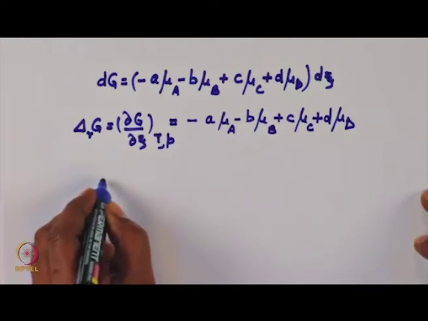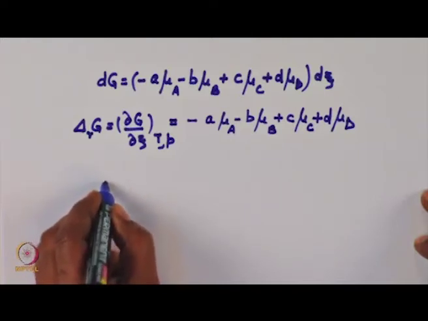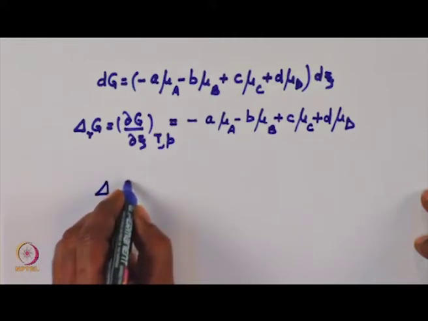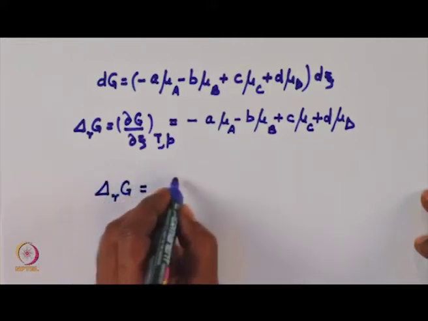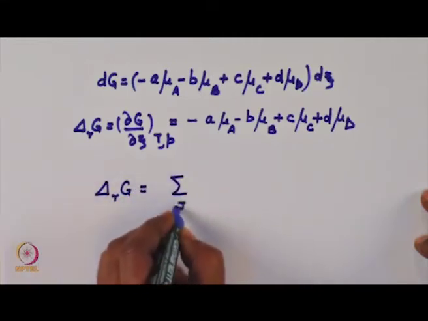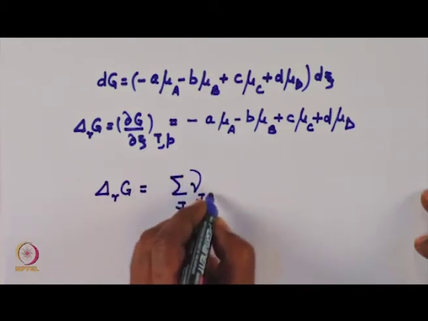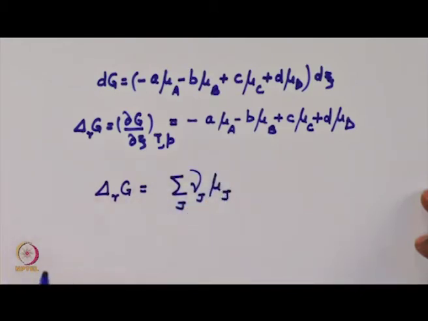I can write this expression also as summation over J of nu J times the chemical potential of J. A general form of writing this expression is this, because this nu J is a stoichiometric number which is positive for the product and negative for the reactant.